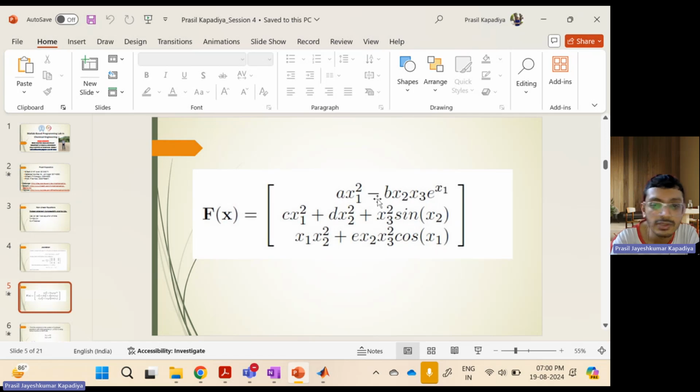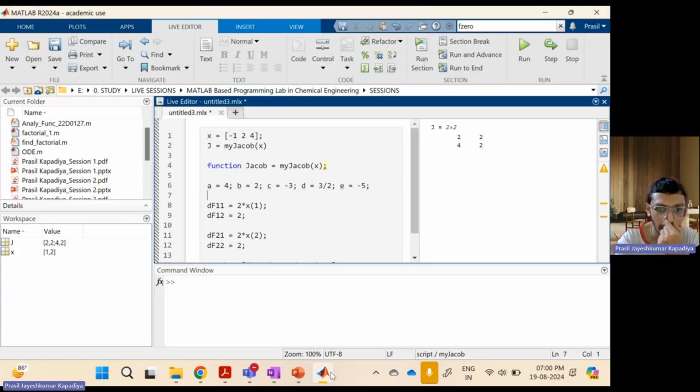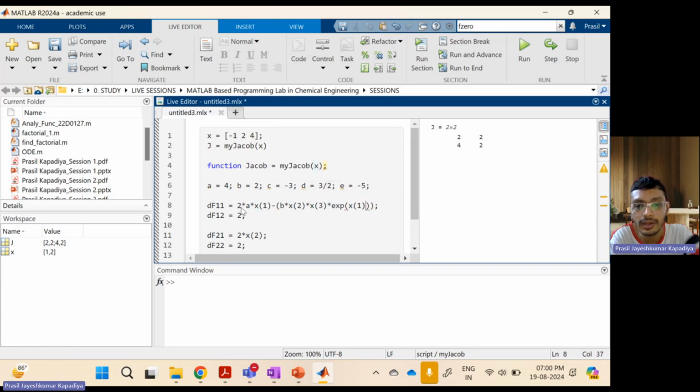So it is nothing but 2 into a into x of 1 minus the same thing, b into x of 2 into x of 3, the same term, into exponent of x of 1. So this is my df11.